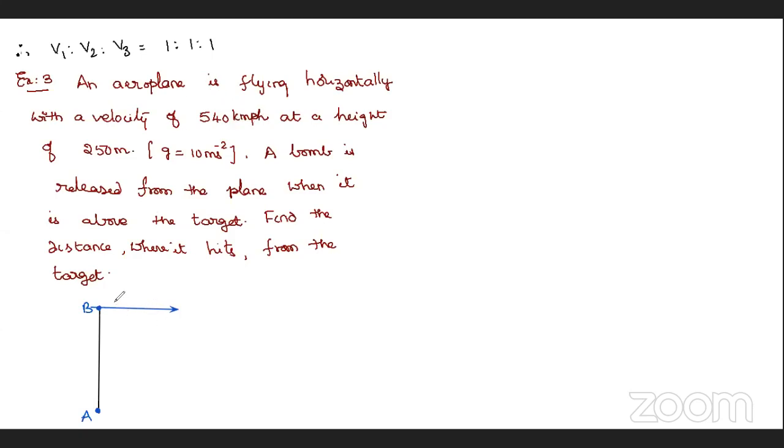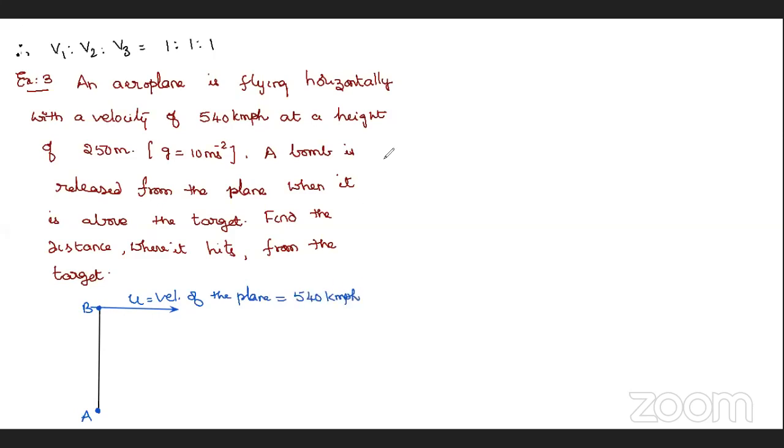Same velocity means the initial velocity. We have to find the range only. Now you understood. Here the velocity is equal to the velocity of the aeroplane, that is 540 kmph.